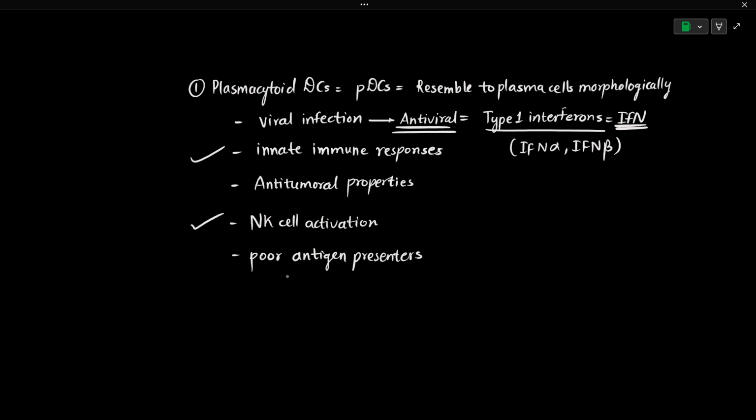So the dendritic cells, when they are in their immature form, are more phagocytic in nature. They are highly phagocytic, but once they mature, they become more specialized for antigen presentation.